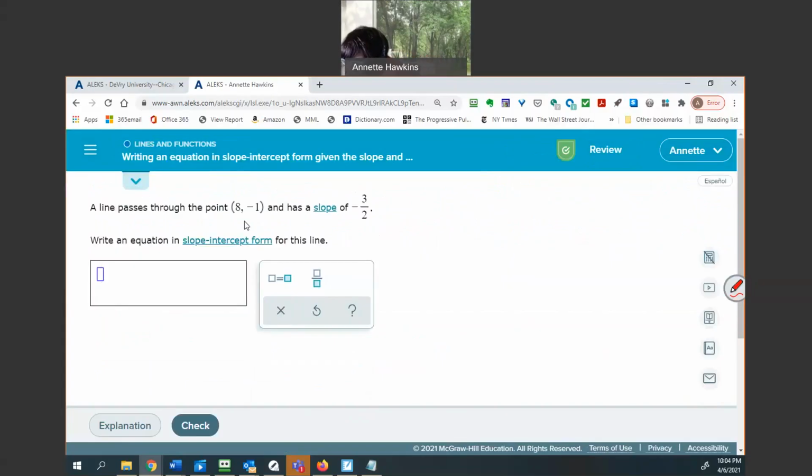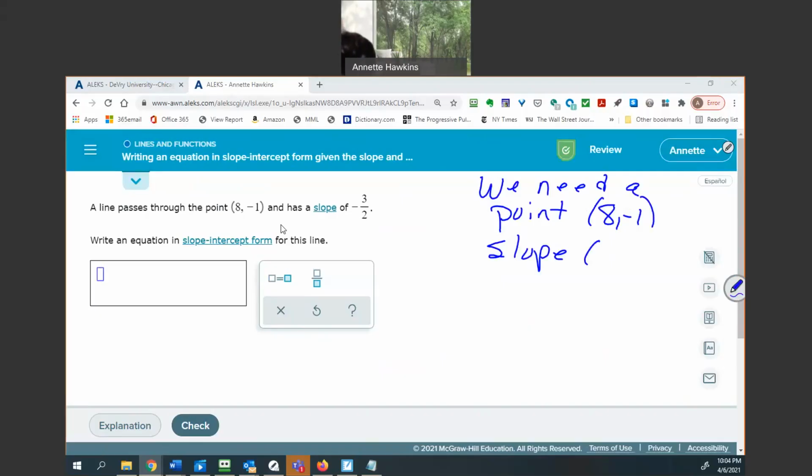A line passes through the point 8, -1. It has a slope of -3/2. So we need a point and a slope. We got the point 8, -1. We need the slope -3/2.